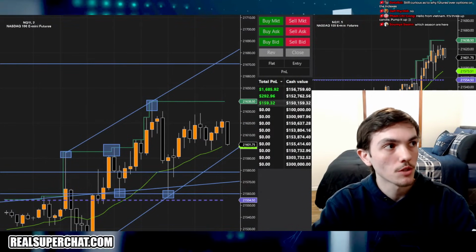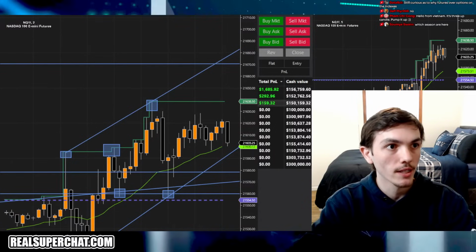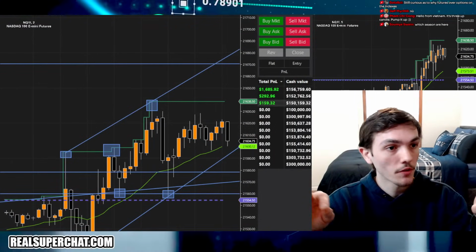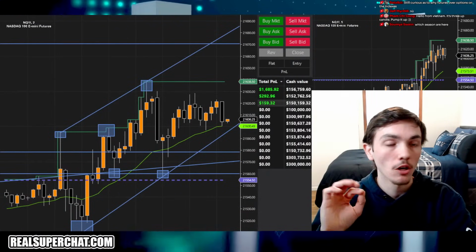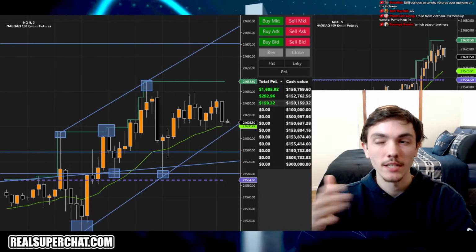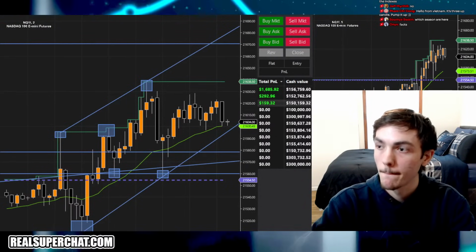Nothing wrong with sim trading, especially when you've been out of trading for a while. Get back in the game, but sim trading is not the same feeling as trading real money, putting real money on the line. I started with 50K Take Profit accounts that cost around $92, something like that, with the promo code.